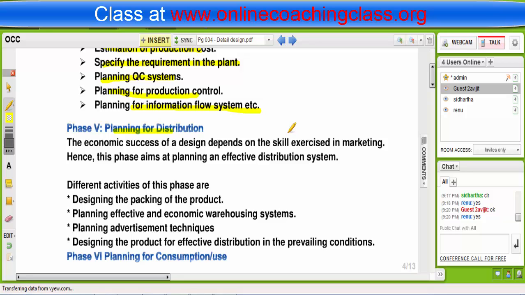Hence, this phase aims at planning an effective distribution system. Different activities of this phase are design the packing of the product, planning effective and economic warehousing system, planning advertisement technique, design the product for effective distribution in prevailing condition.